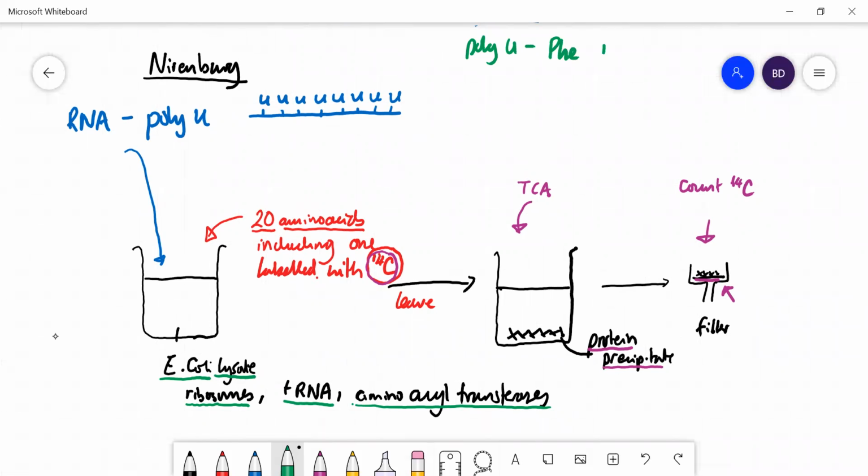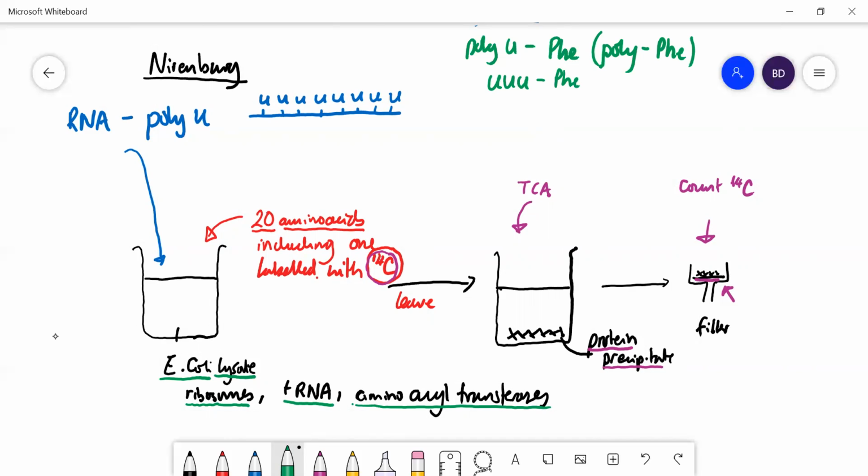So they got polyphenylalanine, a protein just made up of phenylalanine amino acids. That told them that the codon UUU must code for the amino acid phenylalanine. So they worked out one of the 64 codons, and that was a breakthrough.